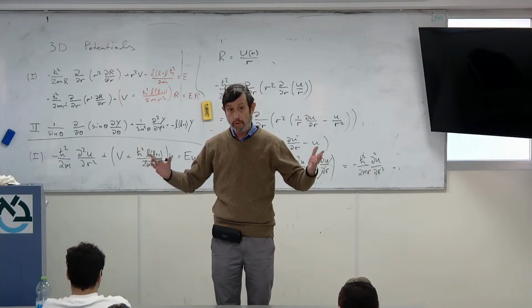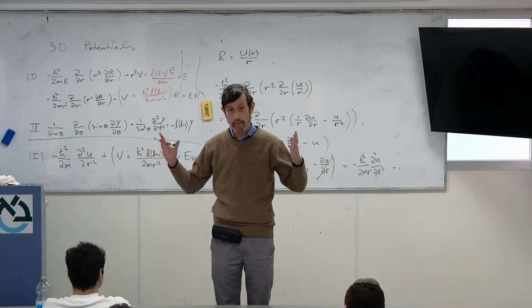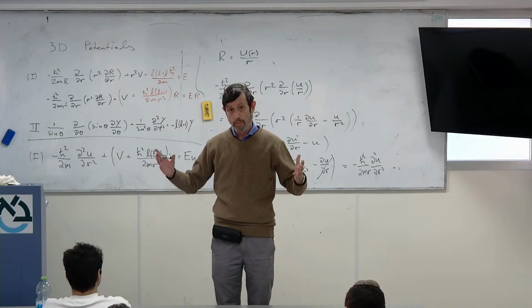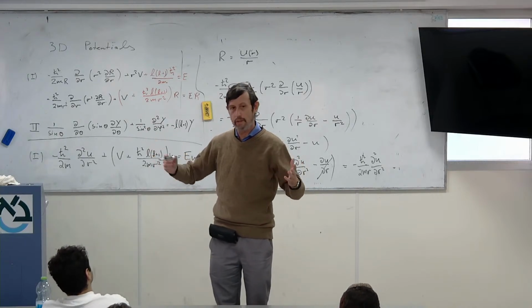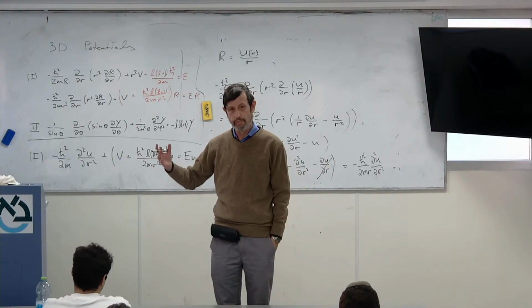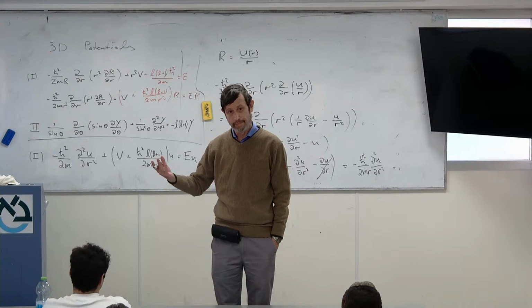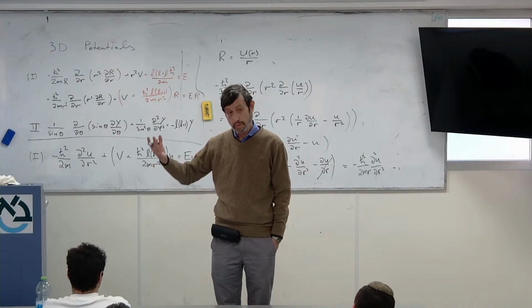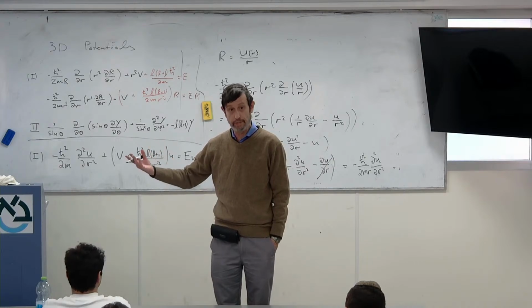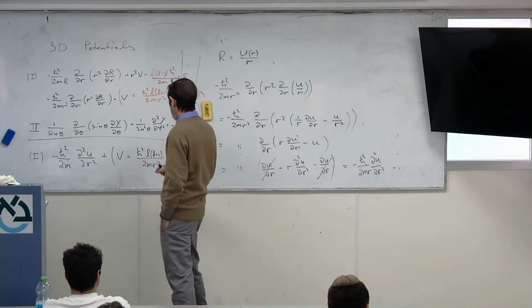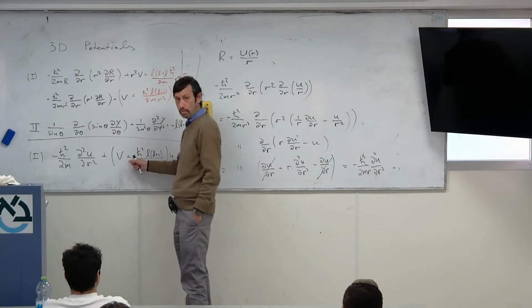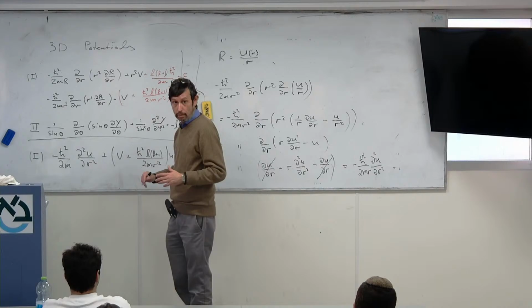Okay, no problem. So we're solving the Schrödinger equation, which for x, in this case r, smaller than 0, the potential is infinite, because the wave function can't live there. And to the right, for r larger than 0, it's what's given here.